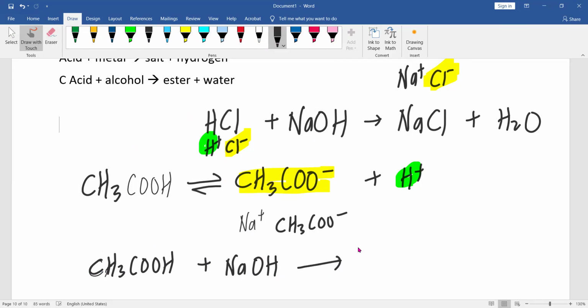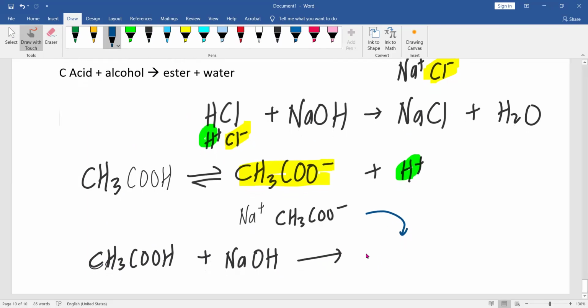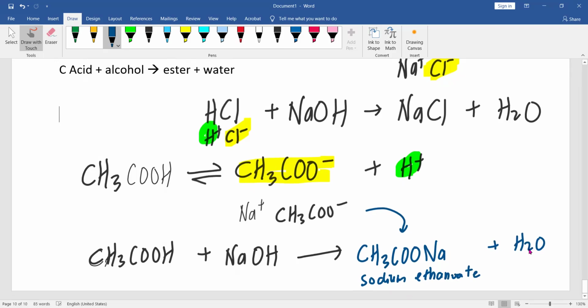I'm telling you the product, the salt. So instead of sodium chloride, I get sodium ethanoate. But the difference is if we write it, the sodium at the back. So it's called sodium ethanoate plus water.